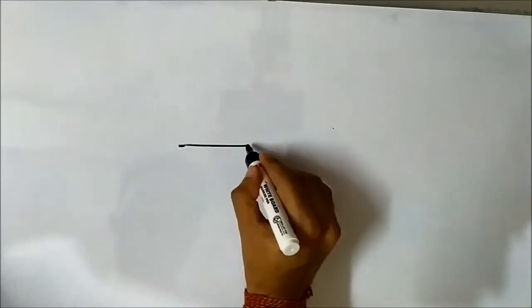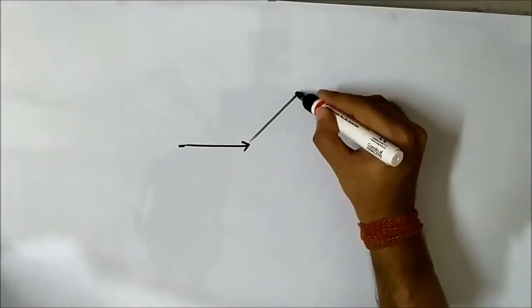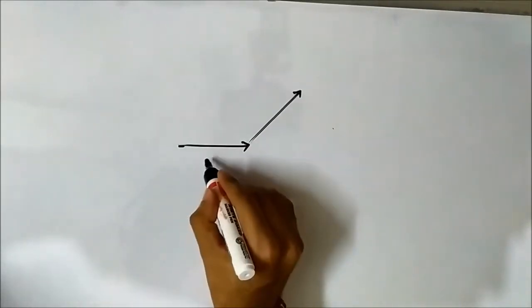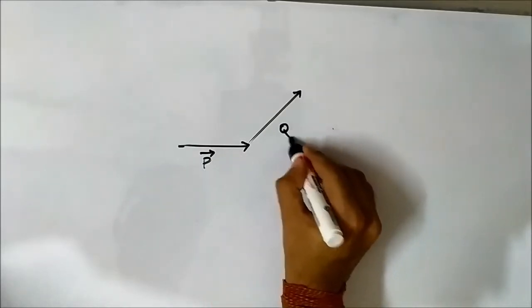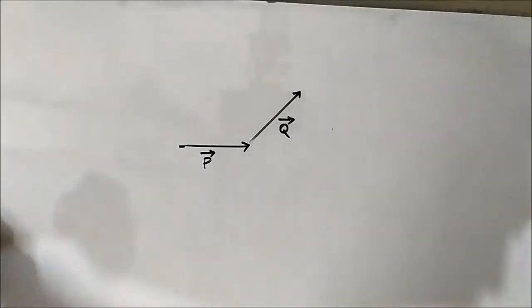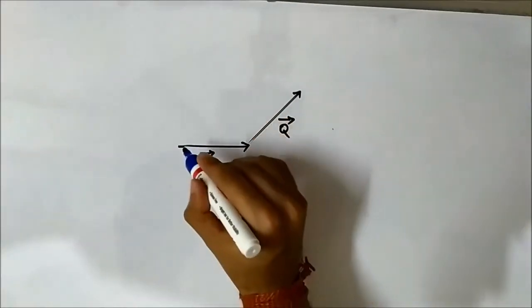Okay. So what the triangle law of vector addition says is that if we have two vectors in the same order, and let's say this vector is P and this vector is Q, then the resultant vector is the third side of the triangle in the opposite order.